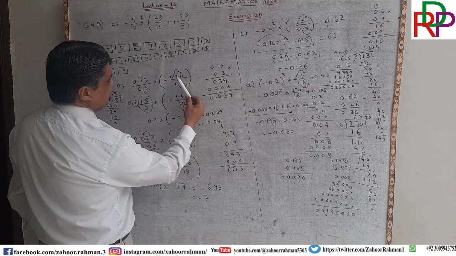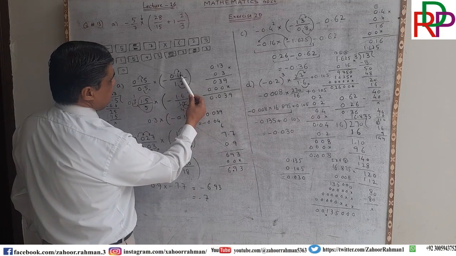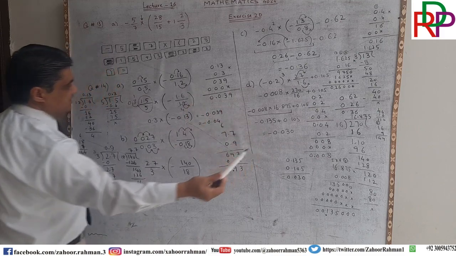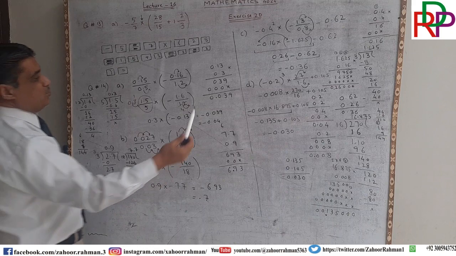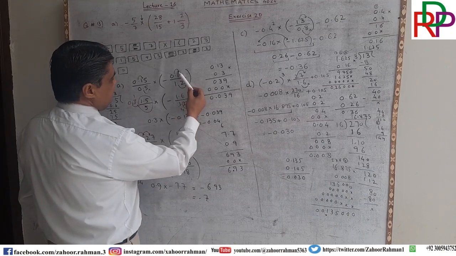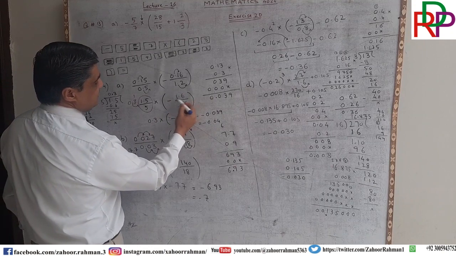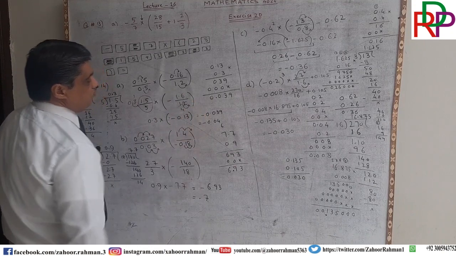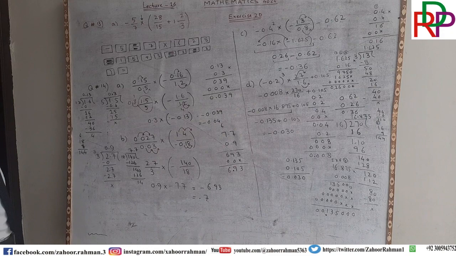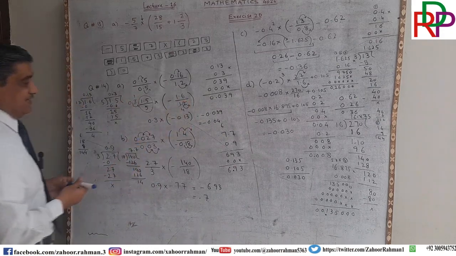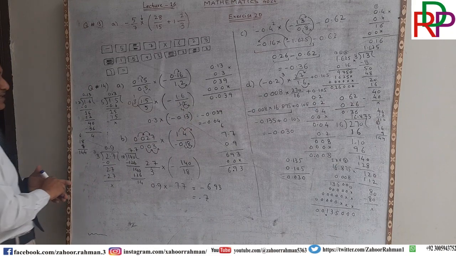Similarly, in this case, there is 0.16 divided by 2. I am shifting this one towards the right, so I am also shifting this towards the right. So it will become 1.6 and this will become 1.2. Don't consider right now this red writing. I will explain the meaning of it.